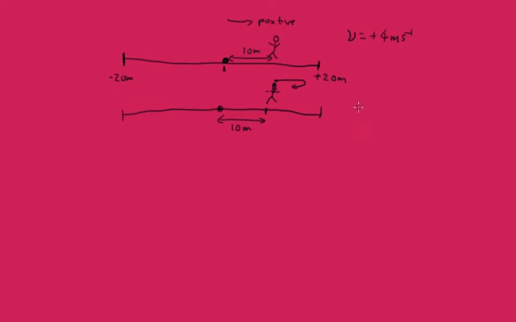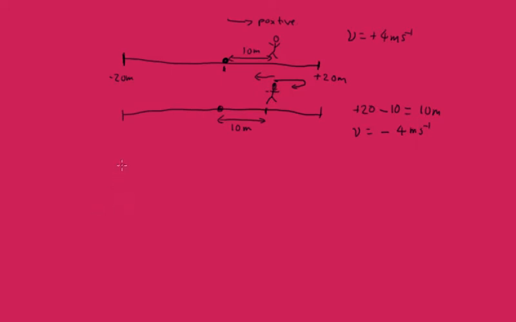He went plus 20, but now he's running in the negative direction, so he's now gone minus 10 metres back. So his total displacement is still 10 metres, although the distance that he's run is 30. He's run a distance of 30 metres, but his displacement is 10. And now his velocity is minus 4 metres per second.